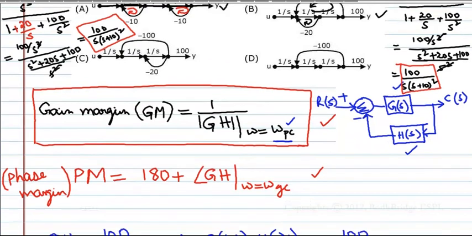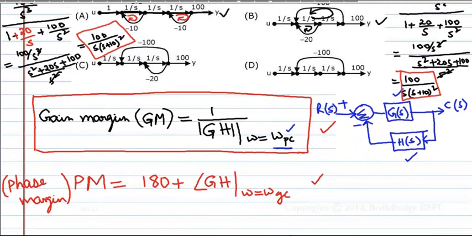Now we will check the third one. Mason's gain formula: the forward path gain is 1 by s into 1 by s into 1 by s into 100, that is 100 by s cube.